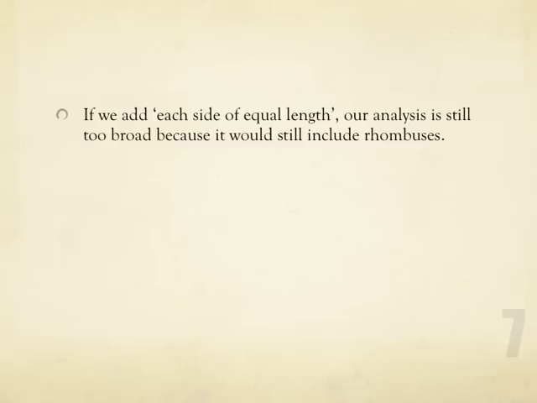Let's add a square is a shape with 4 equal sides, but still we're not done yet because of rhombuses. There are rhombuses, or rhombusi, or whatever it is, that have 4 equal sides that are shapes, but they're still not squares because the angles within the rhombus don't have to be 90 degrees.